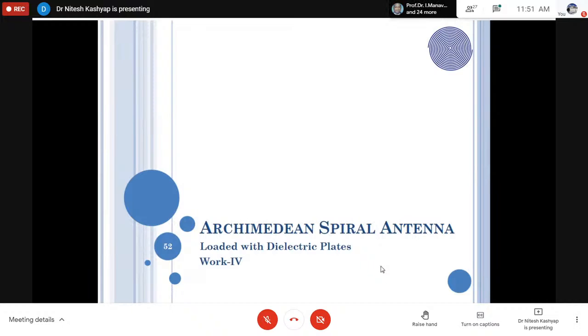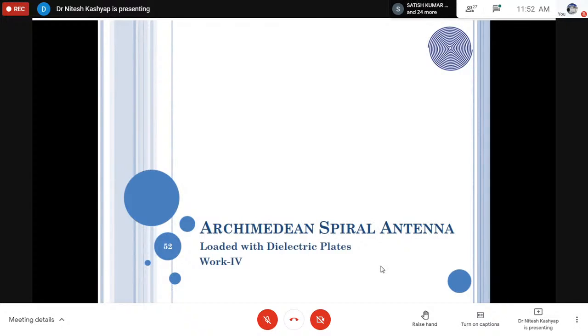After the miniaturization of the spiral antenna, I worked on the gain enhancement of the antenna. As I already told you, the spiral antenna is a frequency independent antenna, and we cannot lose that characteristic.